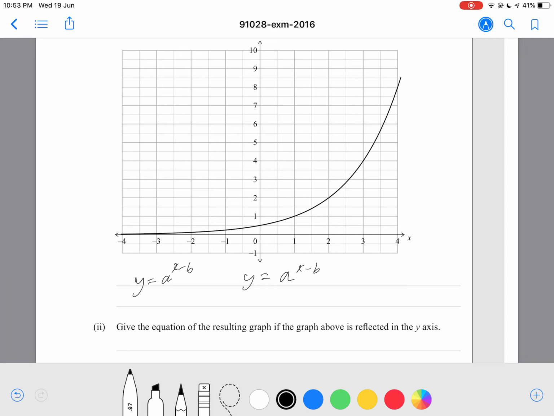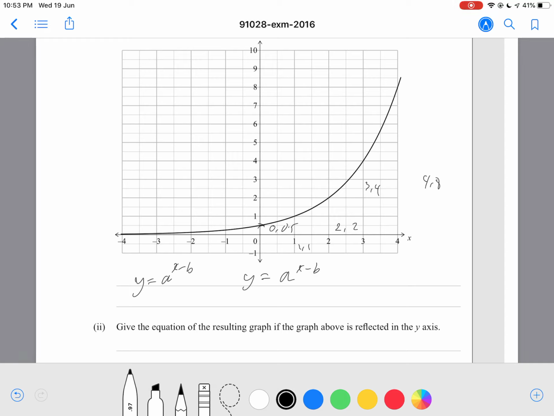But as you can see, this graph has 0.5. Yeah, it is 0.5, and then we have 1, 1, and then we have 2, 2, and then we have 3, 4, and then we have 4, 8. As you can see, as the x value increases by 1, our y value doubles.